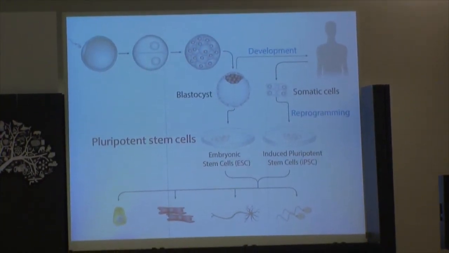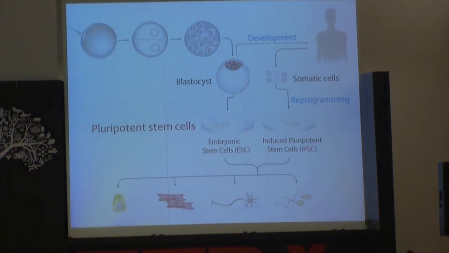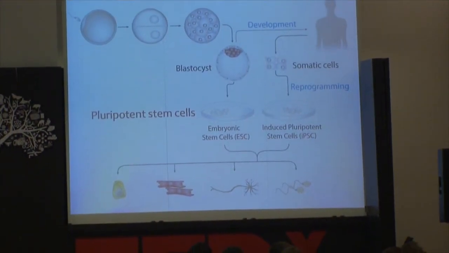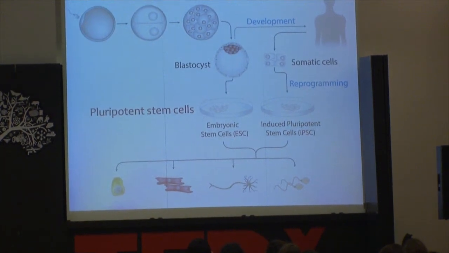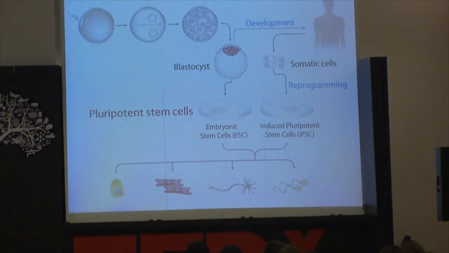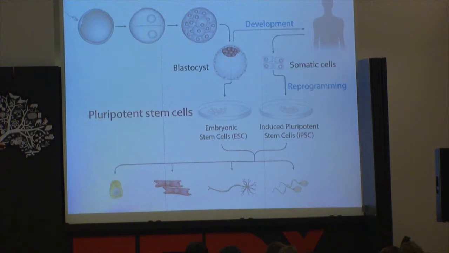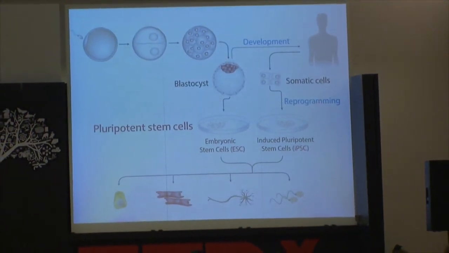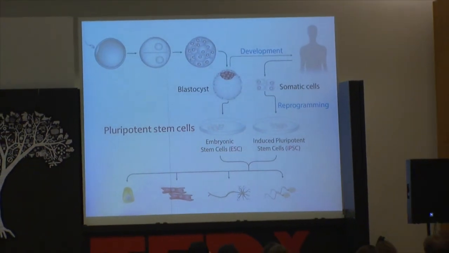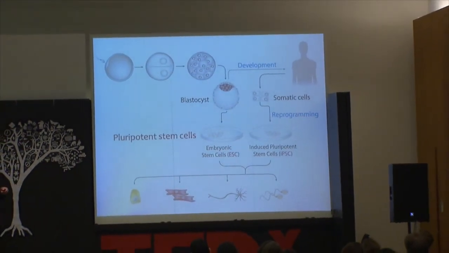They're called human embryonic stem cells, shown on the left. In 2006, an extraordinary experiment was carried out by Professor Yamanaka from Japan. He transferred some of the genes that are expressed in embryonic stem cells into somatic cells, and that created a very interesting phenomenon. It actually reprogrammed the cells.